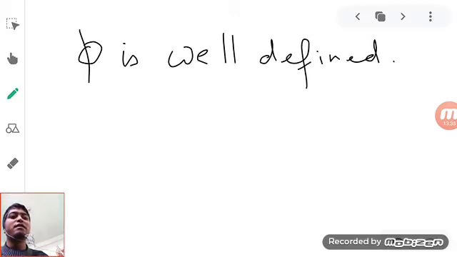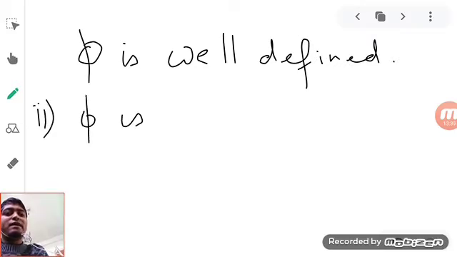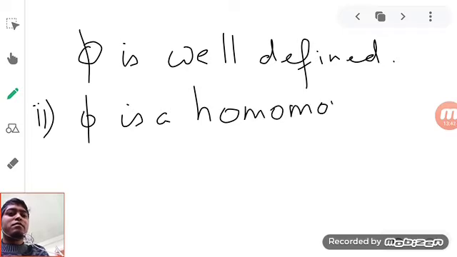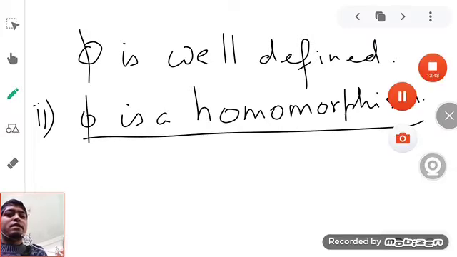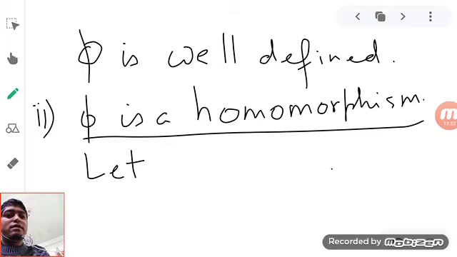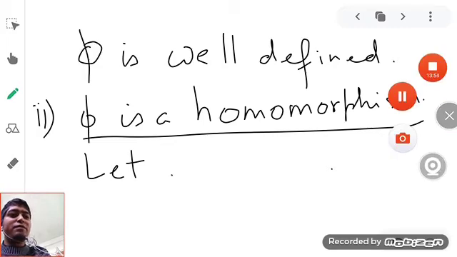Now we need to show that phi is a homomorphism. The second stage is phi is a homomorphism. This one you already know how to do it.